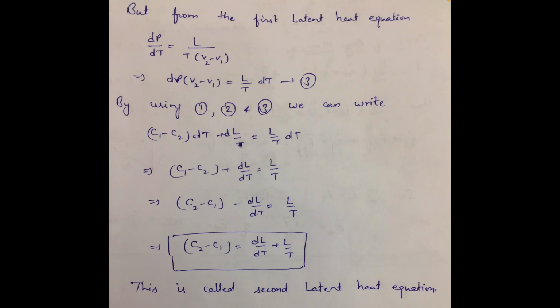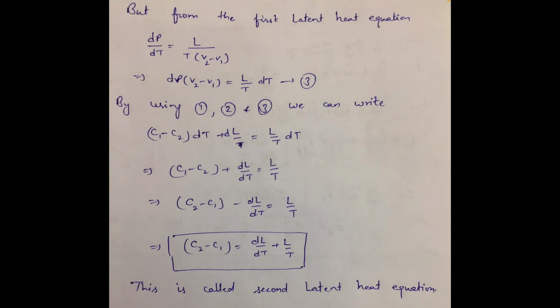From here we can find the value of dP multiplied by V2 minus V1, which will be equal to L by T dt. Let us say this is represented by equation 3.